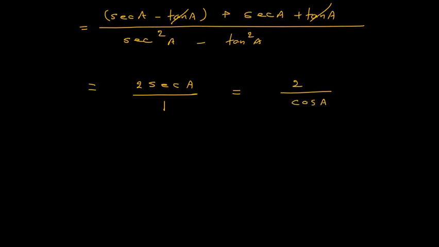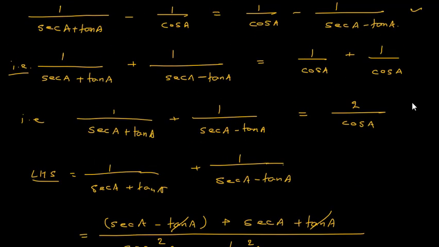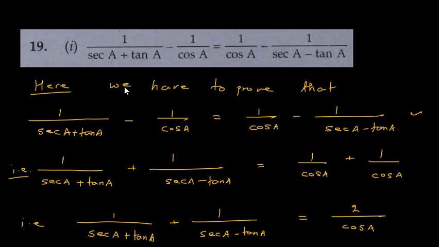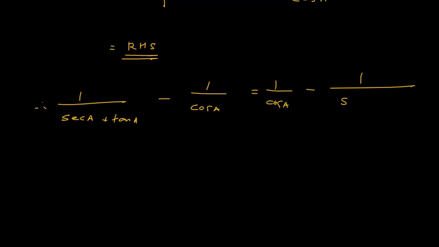Okay, so this is your RHS, this is your right hand side. So you proved that your LHS, which is 1 upon sec a plus tan a plus 1 upon sec a minus tan a, is equals to 2 upon cos a. So yes, we have proved this part.